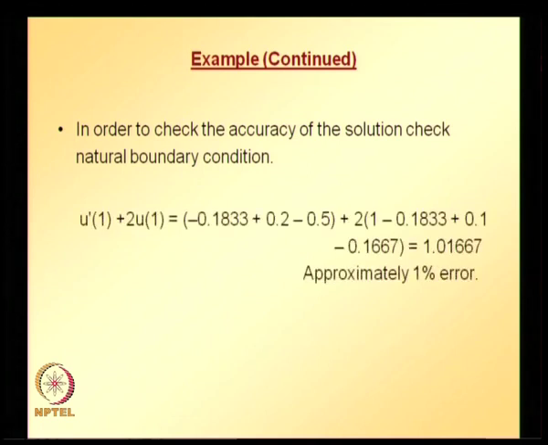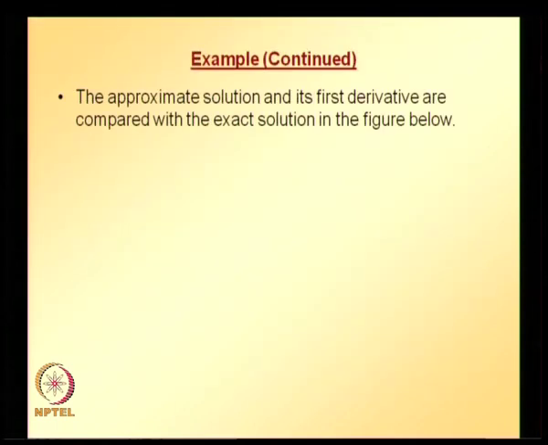You can see, as expected, the cubic trial solution results in less error, whereas the quadratic trial solution had 10% error, the cubic trial solution error became 1%. Okay. And you can follow the same steps and do the higher order trial solution approximation also.